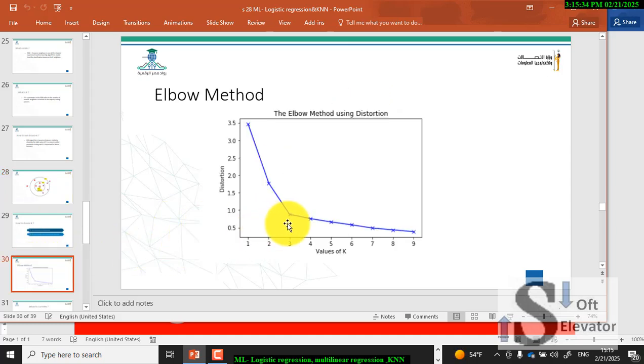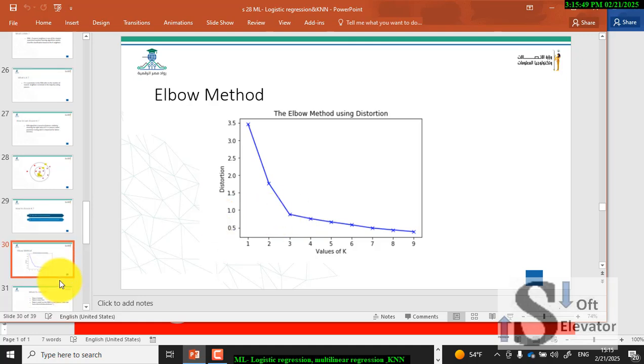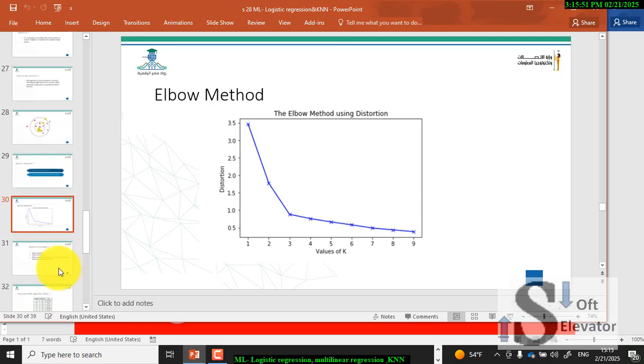Here, it's like here. If you go here, no boundary here. No big difference, but this is the good one. Okay? Elbow method.